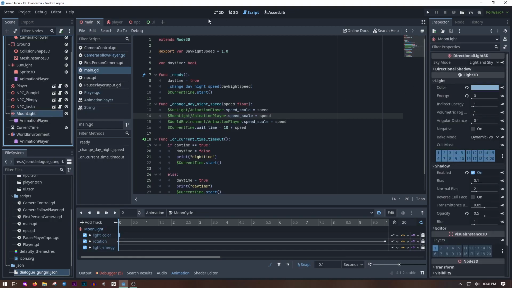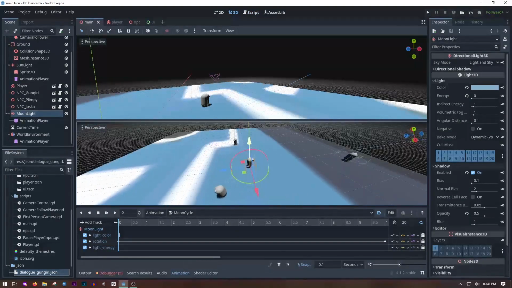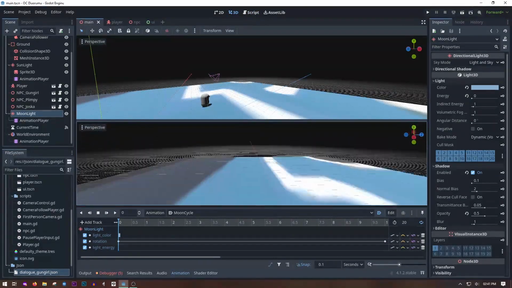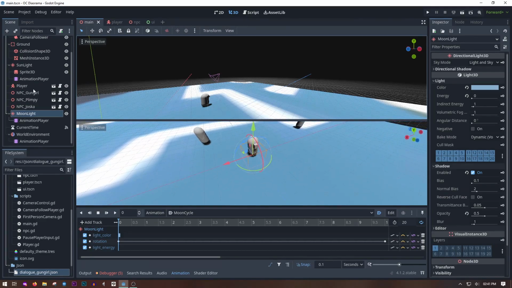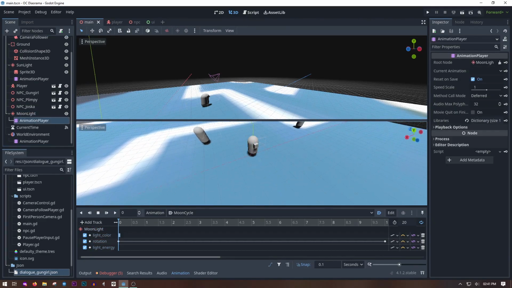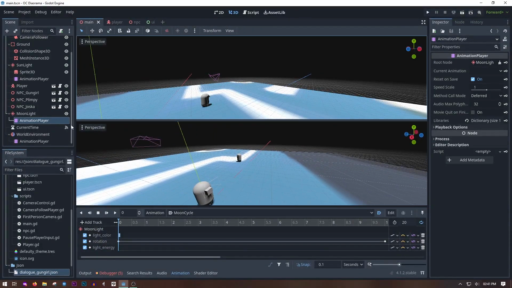So we got the moonlight. If we go to 3D view, where's the moonlight? I guess the moonlight is just a thing here, and the animation player is the thing that, if I go to animation, yeah, so we got the light color, the rotation, and the light energy keyframes.